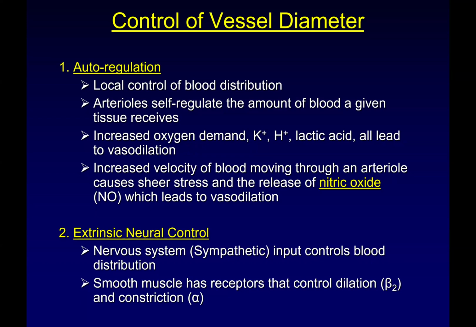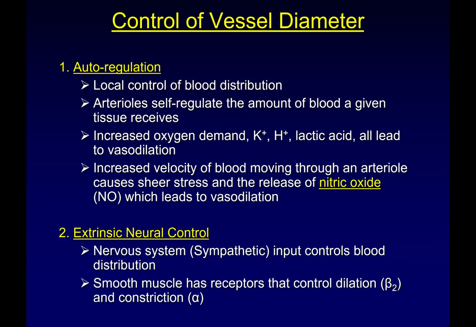There are alpha receptors that respond to epi and norepi by telling smooth muscle to constrict. And so the difference in the distribution of these receptors in arterioles plays some role in controlling the overall response.